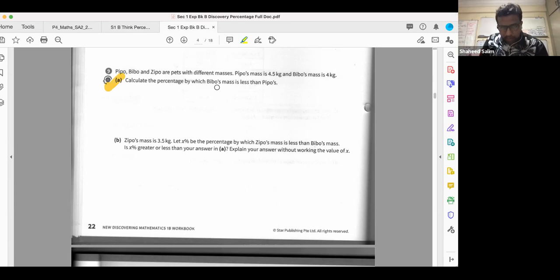Is Bibo 100%? Is weight 100%? Or people's 100%? Do you know? Shafika, what do you think? Is Bilbo's mass 100% or people's mass 100%? Hian, Ilhan, do you know which one? Is it Bibo or people's? Which one is 100%?